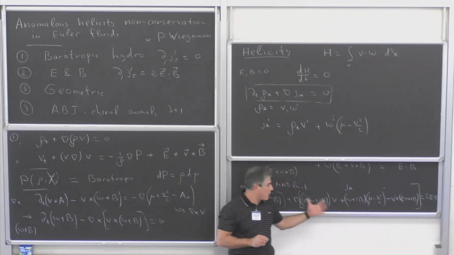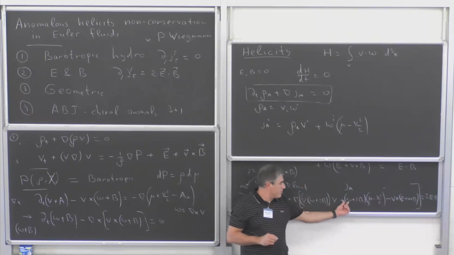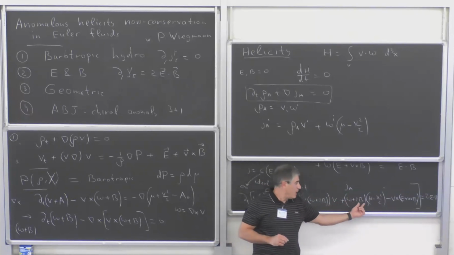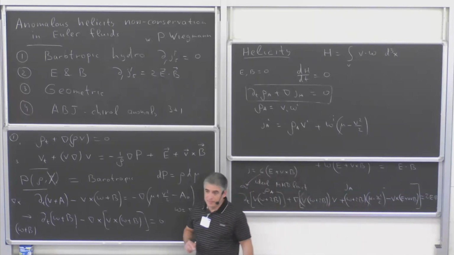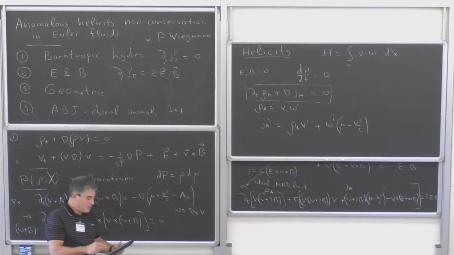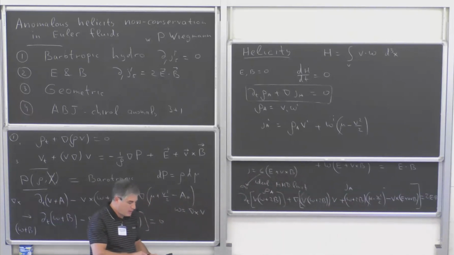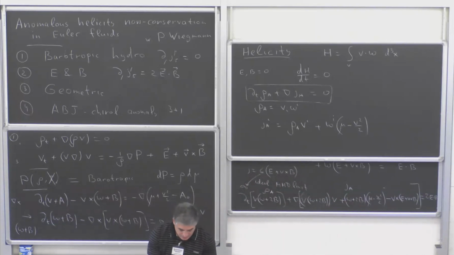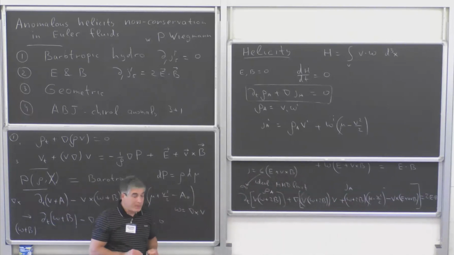So the current has a constitutive relation which tells you that there is a part of the current proportional to vorticity and another proportional to the magnetic field. These kinds of formulas were obtained in relativistic limits, but they're not quite the same. So I'm not going to talk about relativistic stuff today. Okay, any questions?